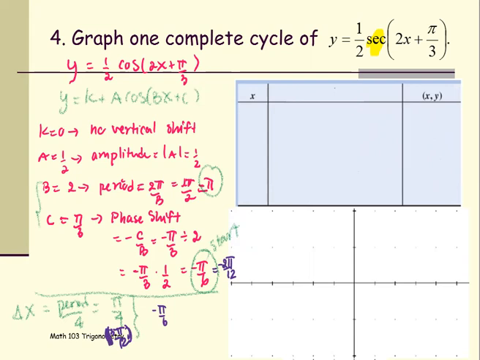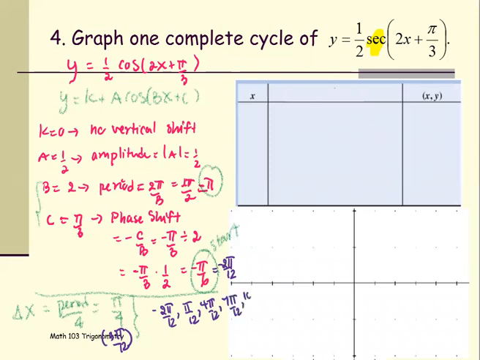Just for our convenience when we add the numbers, instead of using negative pi over 6, we're going to use negative 2 pi over 12, and then add the value 3 pi over 12 to obtain the next point. So starting from negative 2 pi over 12, the next is 1 pi over 12, then 4 pi over 12, then 7 pi over 12.